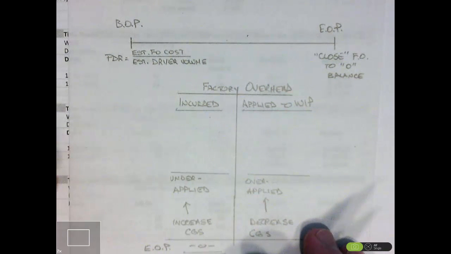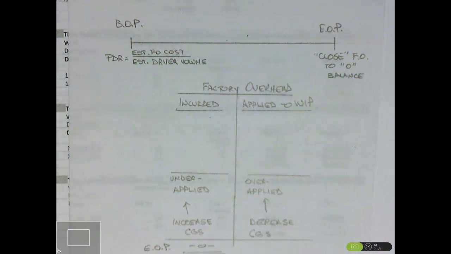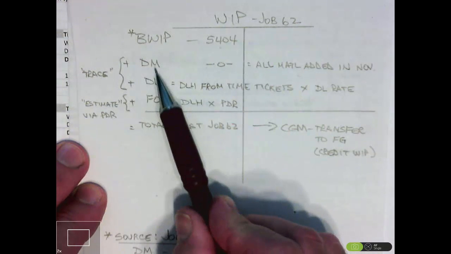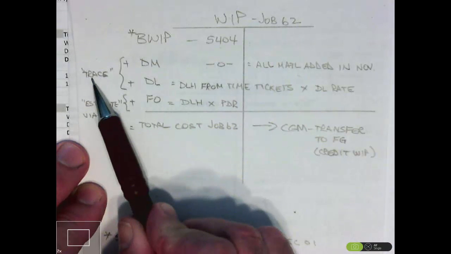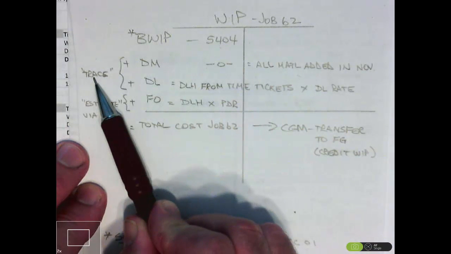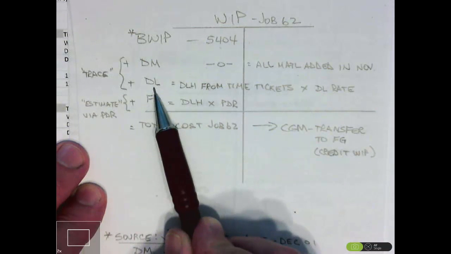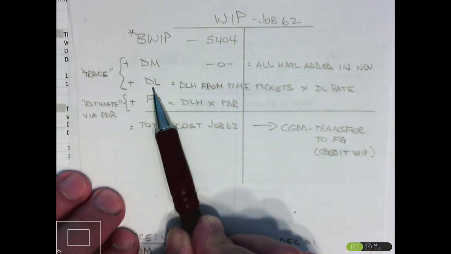Factory overhead is based on an estimate. Here's the story. Direct material and direct labor are easy to trace or associate directly with each of the jobs because you have material requisition paperwork that documents how much material is used, and you have time tickets to document the number of hours the employees work on particular jobs.